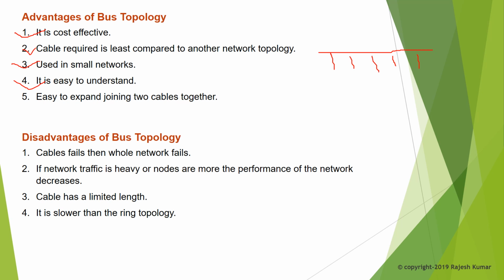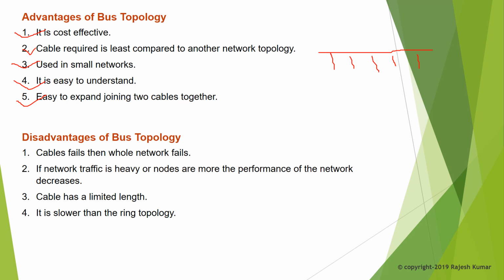The data flows through one wire only in this topology, and you know how the data is processed. Since it connects limited devices together, it's easy to understand and maintain the network topology.